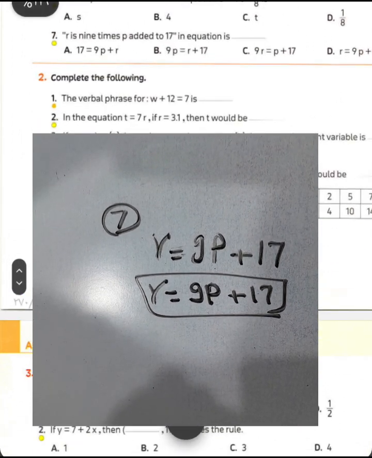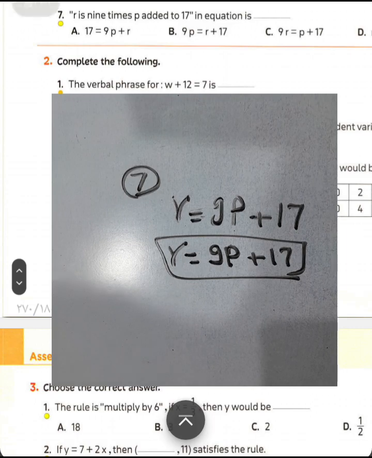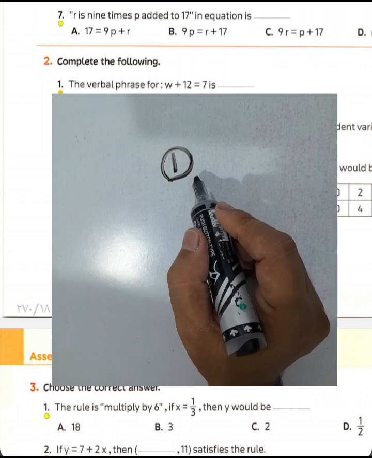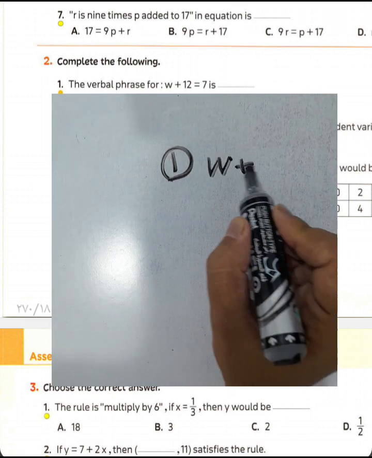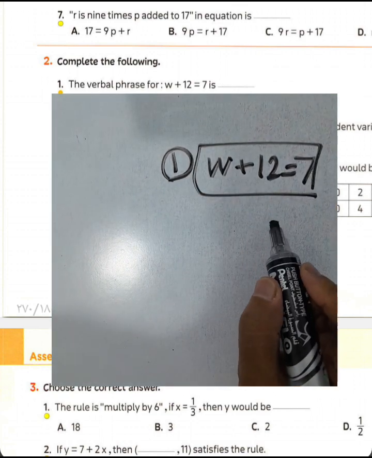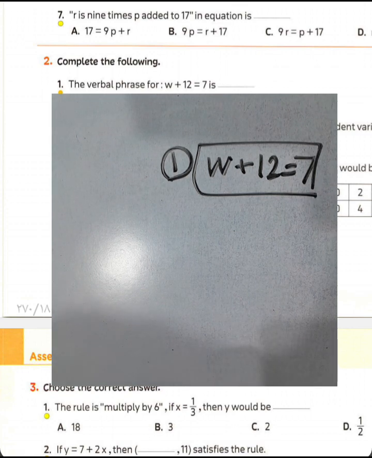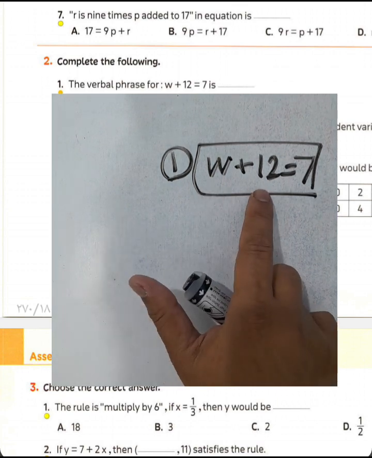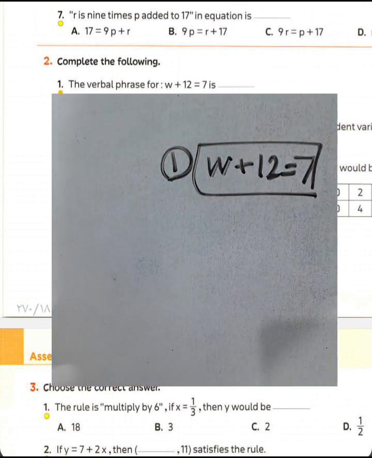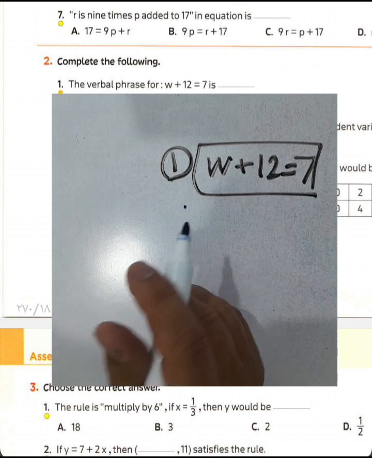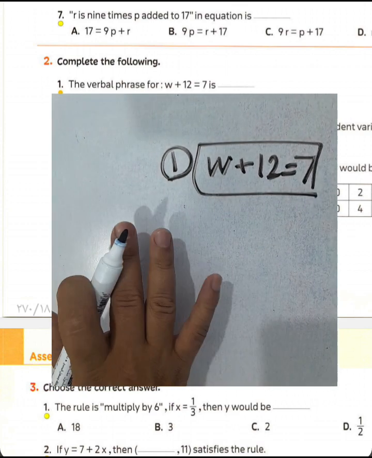Question number 2, complete the following. Number 1, the verbal phrase for W plus 12 equals 7. He asked about the verbal phrase here. Who can tell me? We can read this: W added to 12 equals 7. Verbal phrase means write this equation in word form.